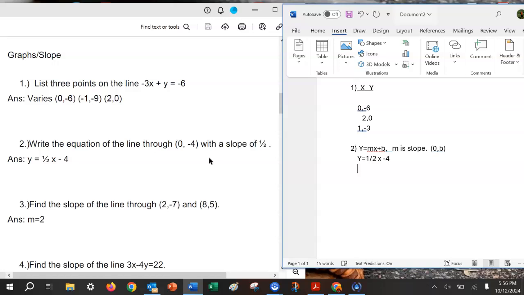Okay, now number 3. When you're asked to just find the slope, the formula is y2 minus y1 over x2 minus x1.